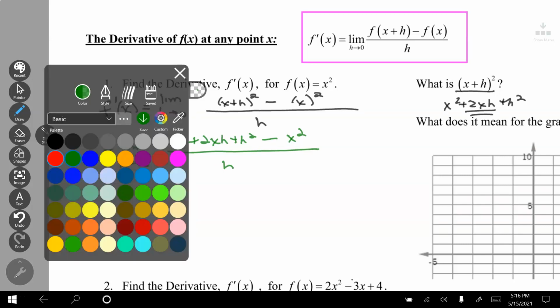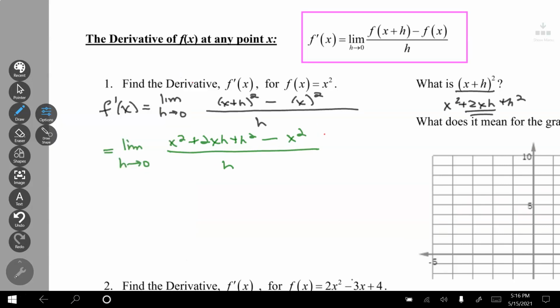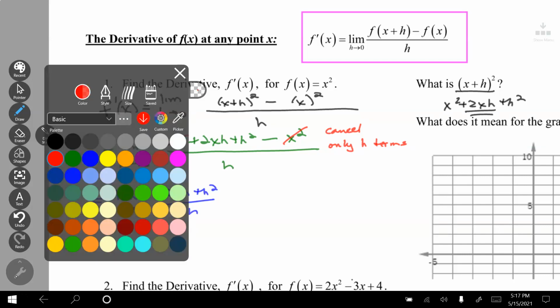And now this is where I cancel in the numerator. Boom and boom. Okay. Only h terms are left. Anything without an h will cancel out. So what's left over equals the limit as h goes to 0 of 2xh plus h squared over h.